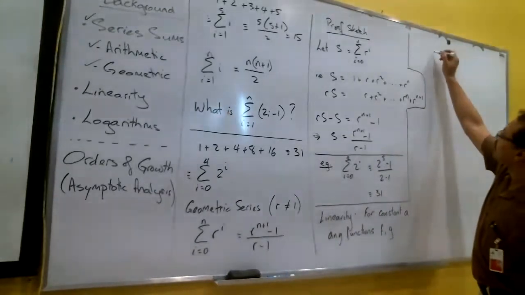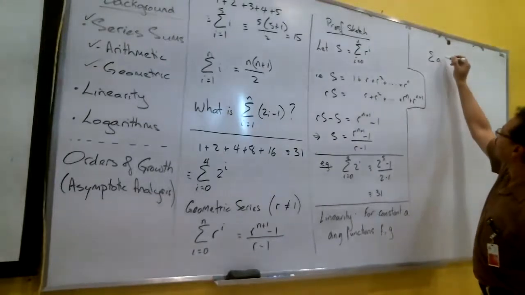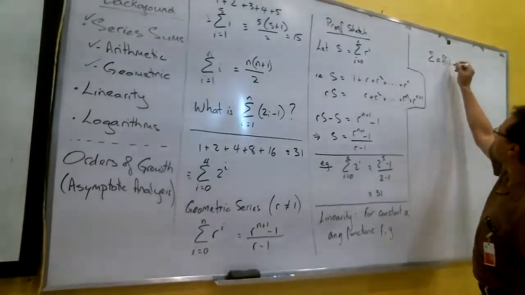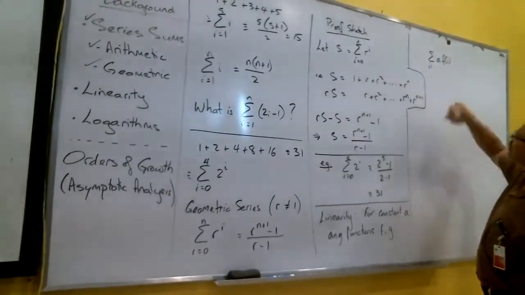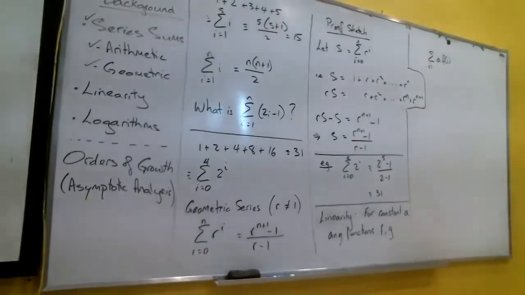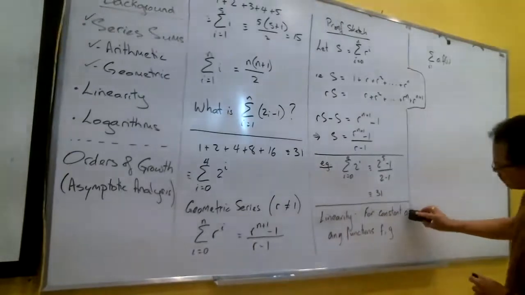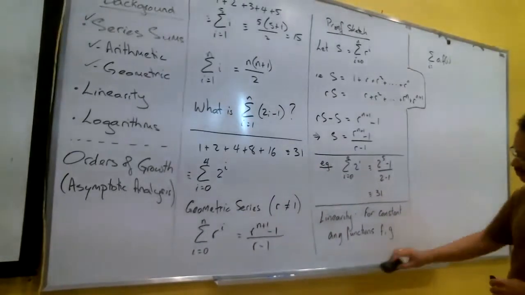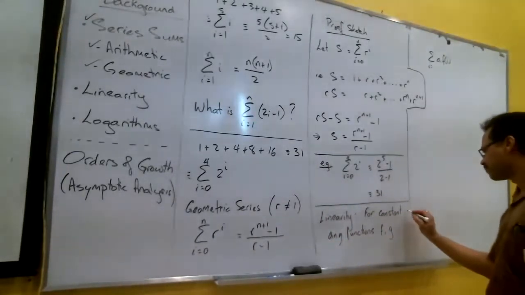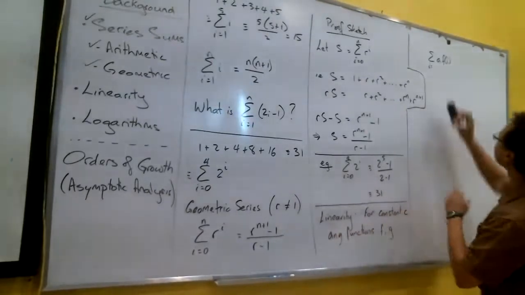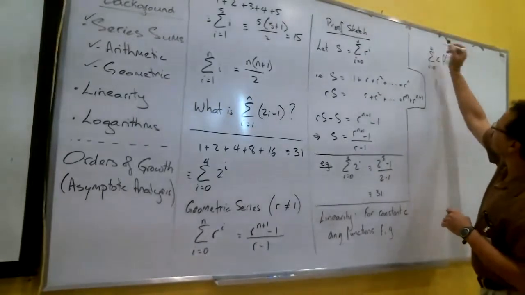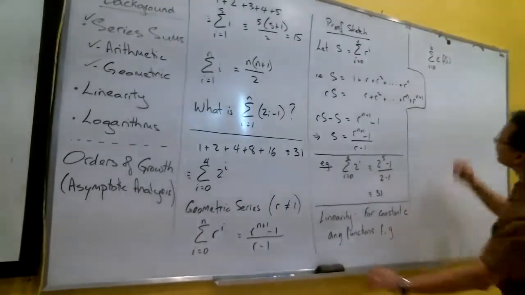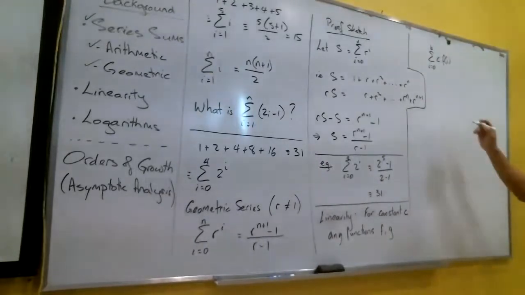So if I were to sum A times f of i, it doesn't really matter where I start. I've got to use some different names. Let me say I'm going to go from some arbitrary a to some arbitrary b. c is a constant, f is any arbitrary expression, any function.